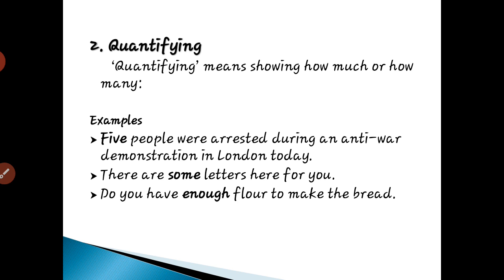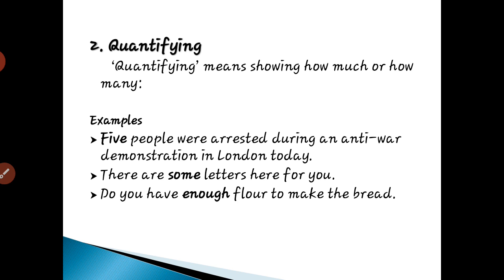So here are the examples. What are those examples? We will see now. Five people were arrested during an anti-war demonstration in London today. It is about the demonstration in London, and we are telling that people were arrested during that anti-war demonstration. How many people were arrested?